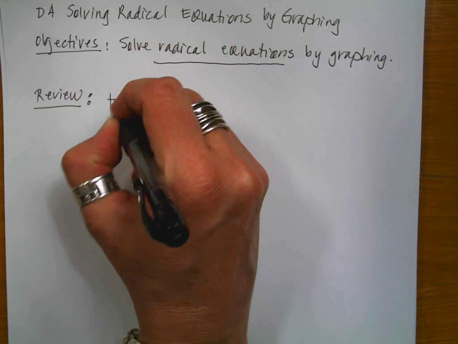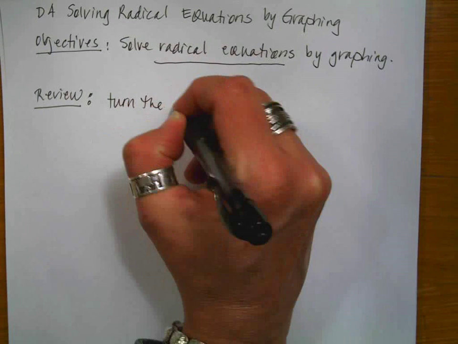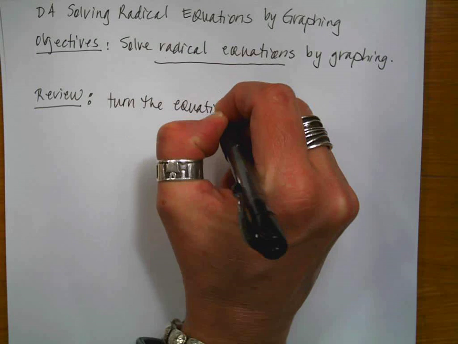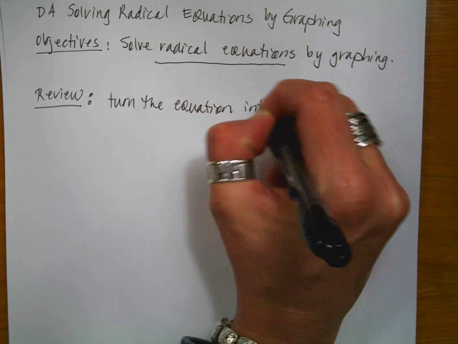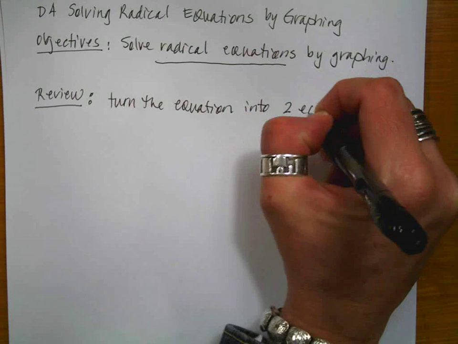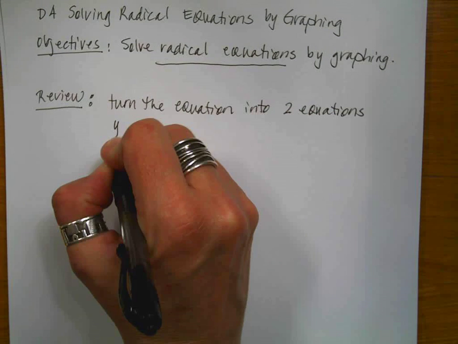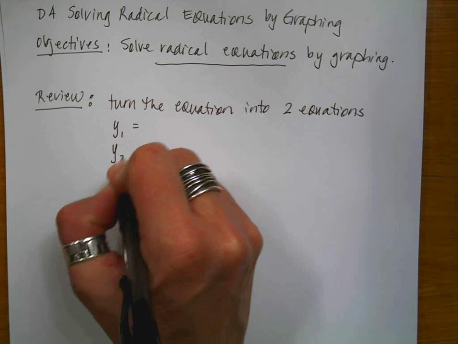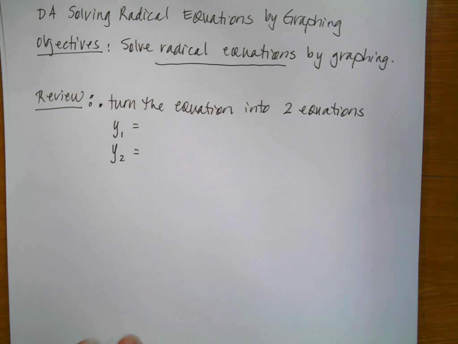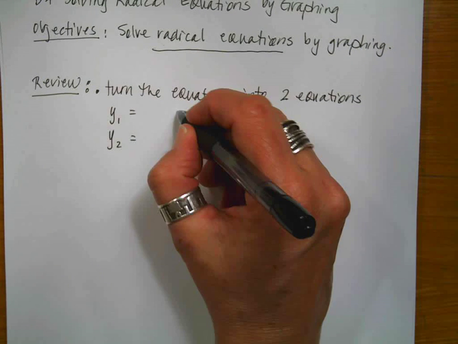So we would turn the equation into two equations, right? So we would do y1 is equal and y2 is equal, and then we would put those in our grapher.